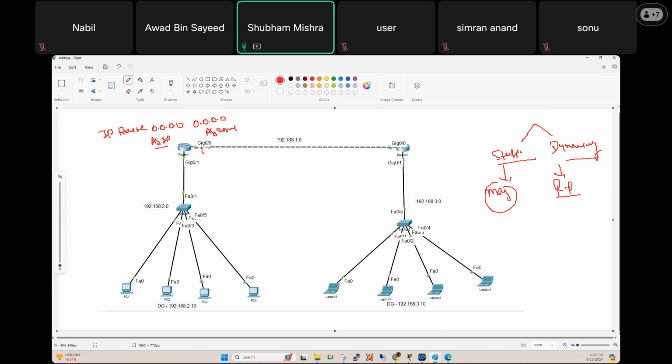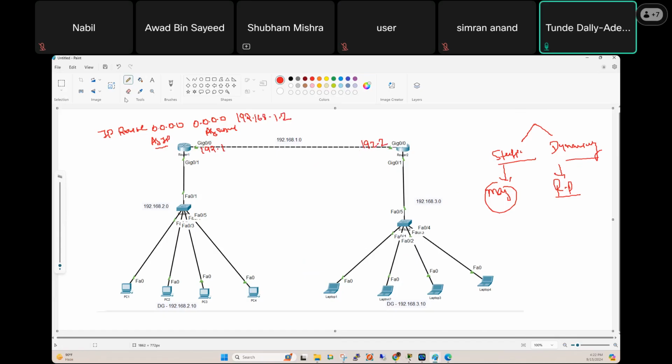And what is the IP address here, guys? Here we are using 192.168.1.1 and here we are using 2. So what is the next hop? 192.168.1.2. That is the next hop. Anyone have any doubt? That is the meaning of default route.